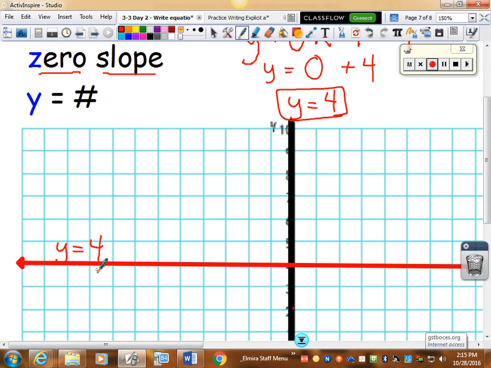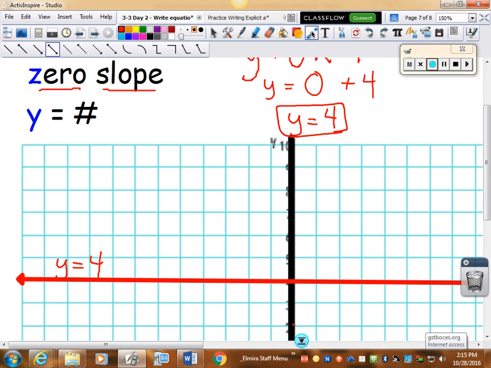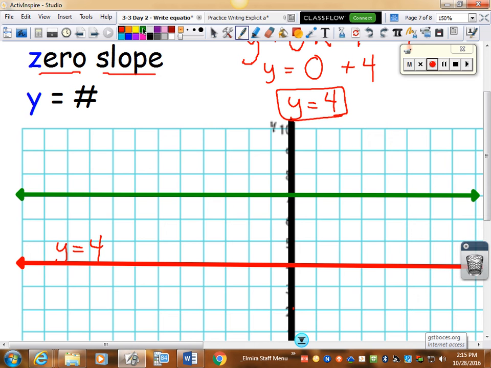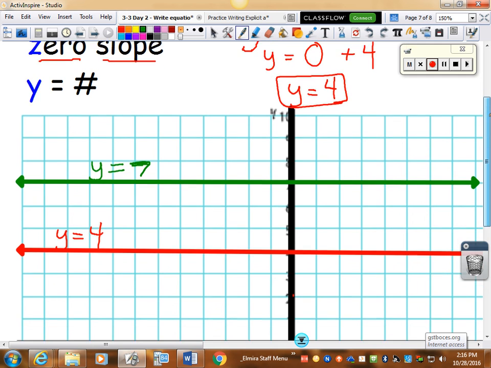If I drew another line, let me do one in another color here. If I drew another line right here, it's horizontal, y would be equal to the number it crosses at, 7. Just 7, no x, nothing else, just the 7, because the slope is 0 and that cancels itself out.